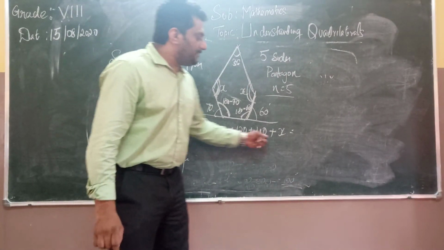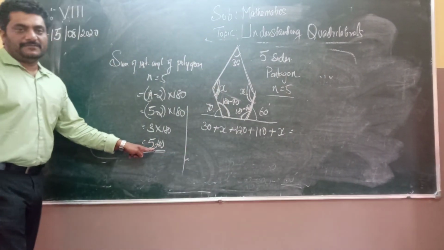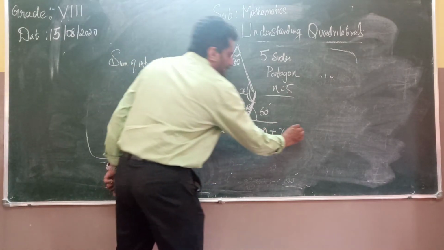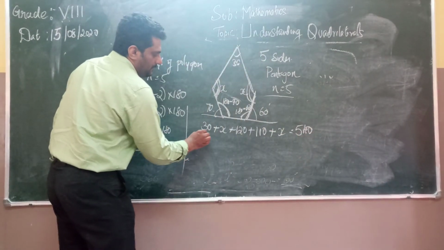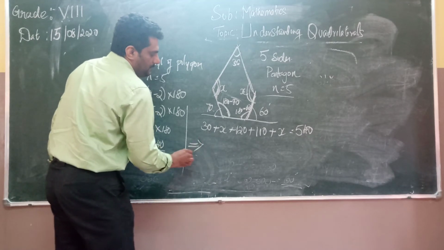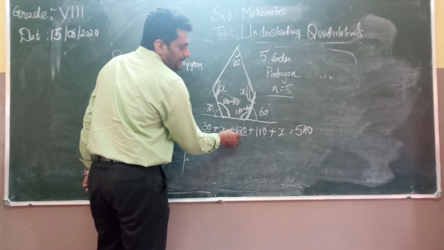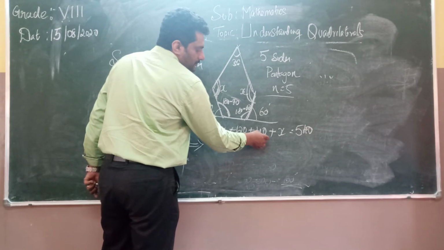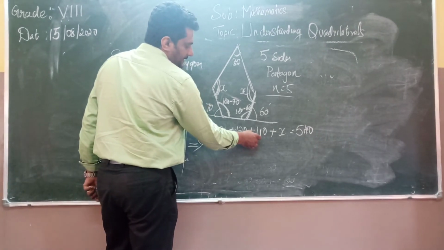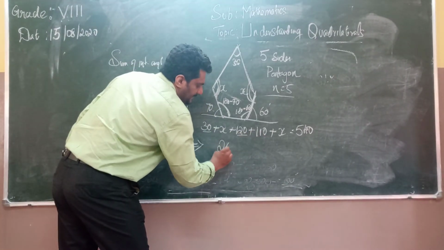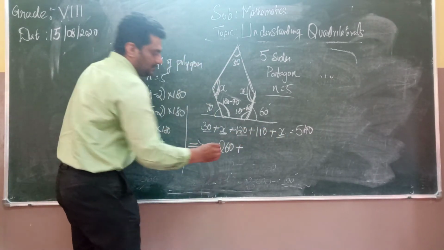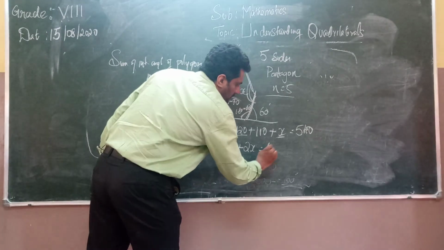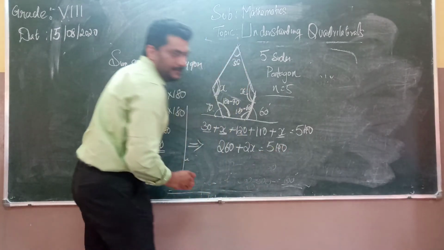When you add all the 5 angles, how much should you get? 540. So you're taking 540, which is nothing but 30 plus 120, 150, 160, 260. So 260 plus how many x do you have here? 2x. 2x is equal to 540.